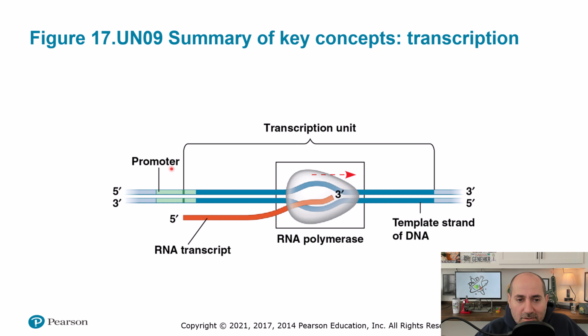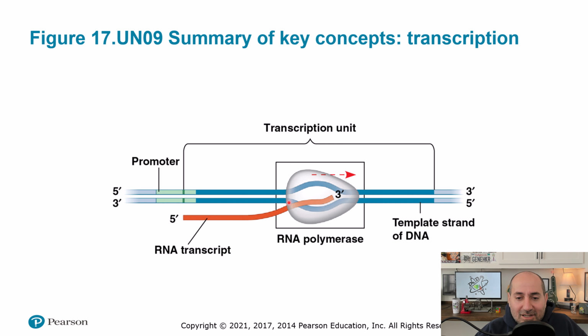Remember, the promoter was where the RNA polymerase attached. That was upstream of the transcription unit of what you want to copy. Then the RNA polymerase was able to unzip or unwind the DNA, move to the start site, and then start copying the DNA to mRNA.